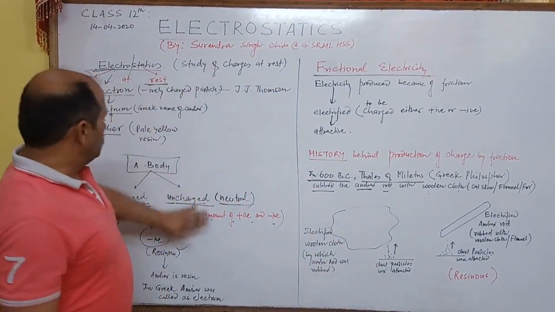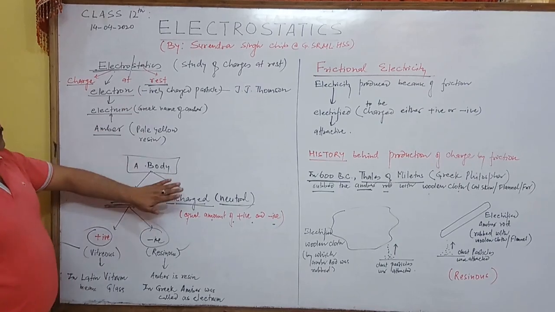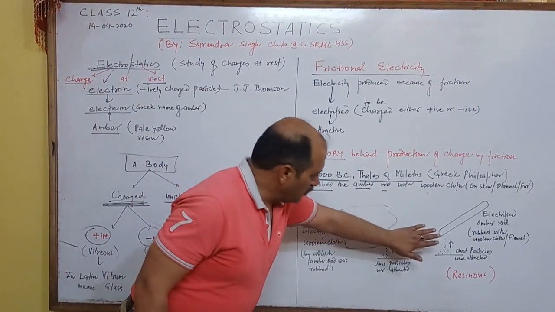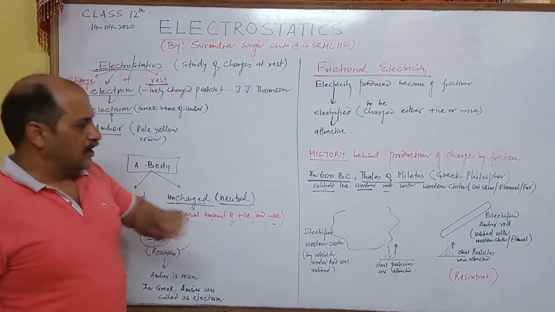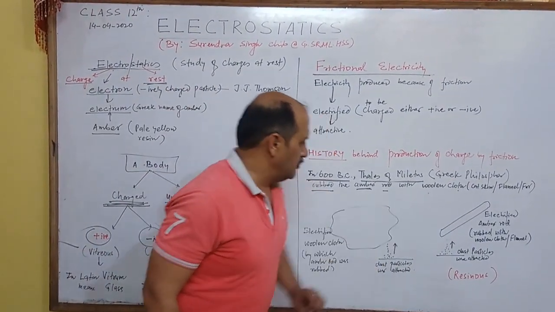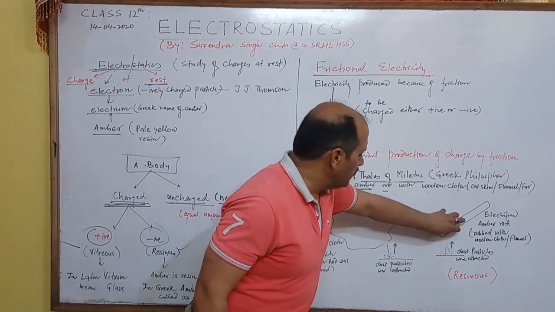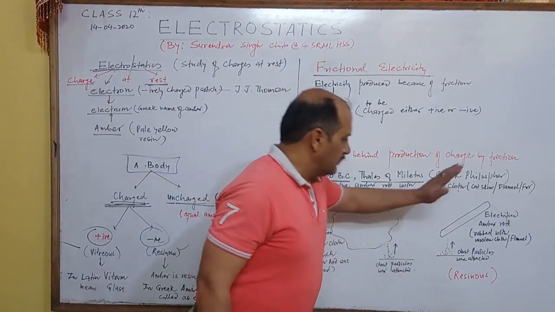But in today's lecture, I just want to say what we mean by electrified. I am not putting any positive or negative charge, because at that time, in 600 BC, no one knew what is positive and what is negative. This is called resinous.